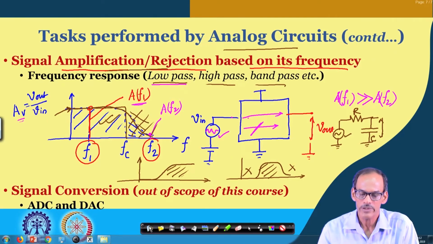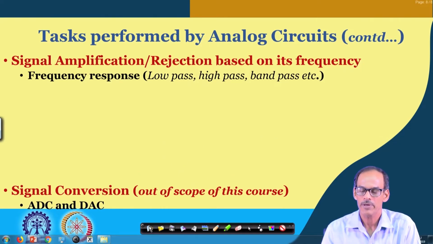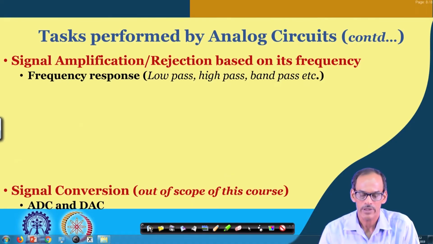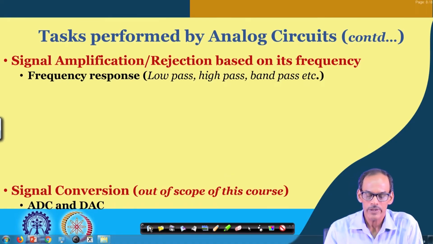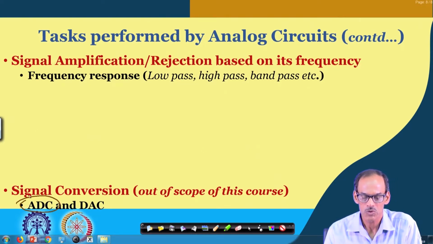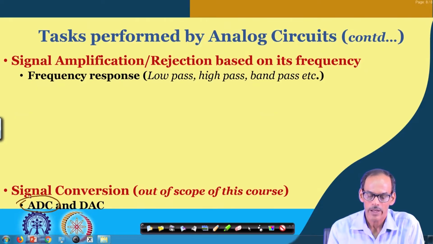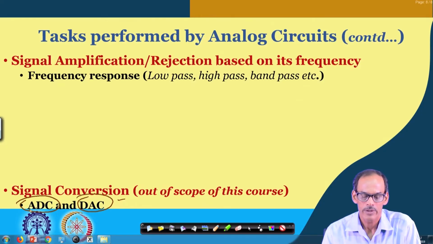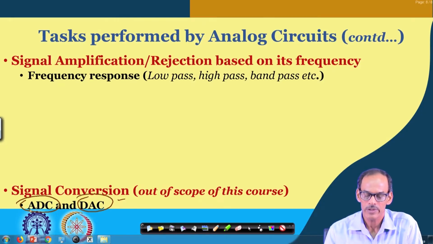The other important task performed by analog circuits is converting signals from analog nature to digital nature, and vice versa. However, because of the restriction of time, we will not be able to cover this kind of circuit, namely analog to digital converter and digital to analog converter, in this course.